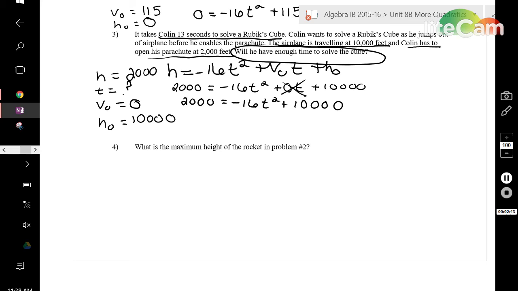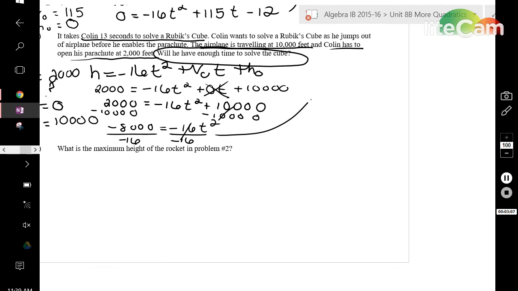Since I only have one variable, I can isolate it using inverse operations. To move the positive 10,000, I subtract it to get negative 8,000 equals negative 16 t squared. The inverse of multiplying by negative 16 is dividing. So if I divide by that, I end up with 500 is equal to t squared.